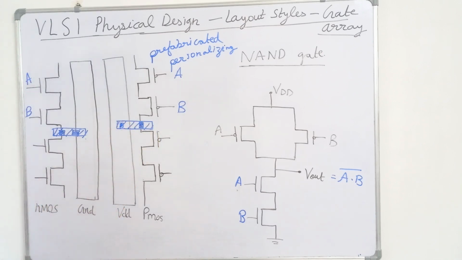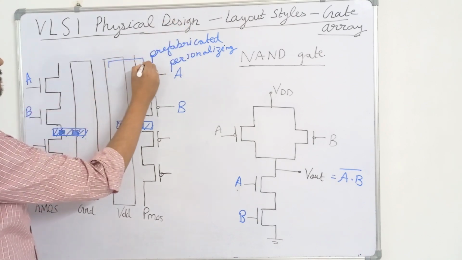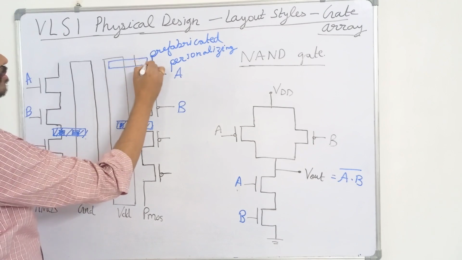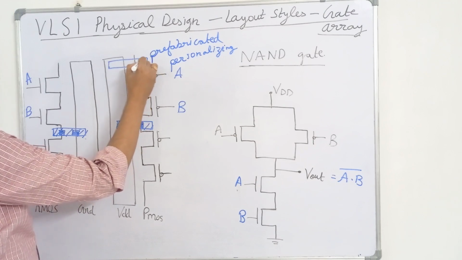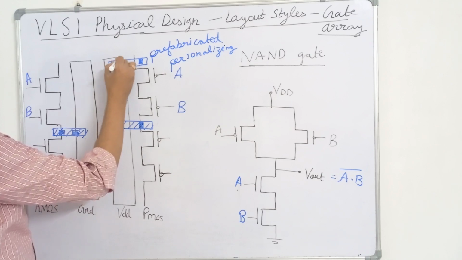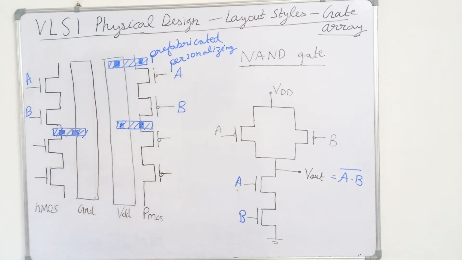So this B is connected to VDD, and let us connect this A also to VDD. These are the metal contacts. So we have connected this to VDD.